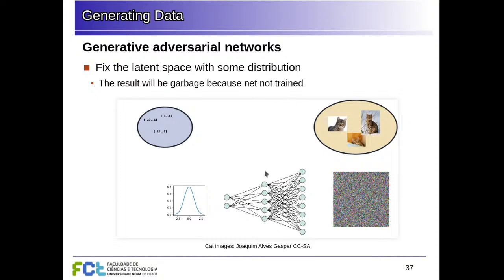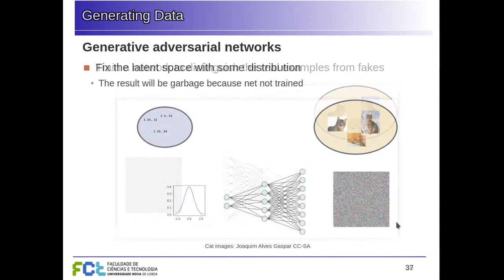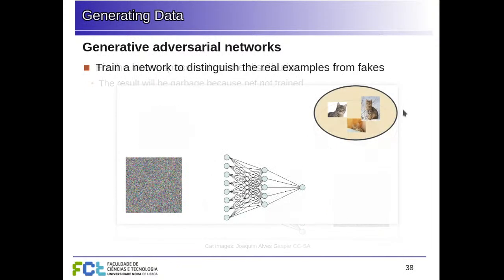But what we can do is use this network to generate images from random samplings of this fixed distribution for the latent space. And we're going to train a network, a classifier, that inputs images, whether they are the images generated by this network or images in our data set, and tries to distinguish between the two.